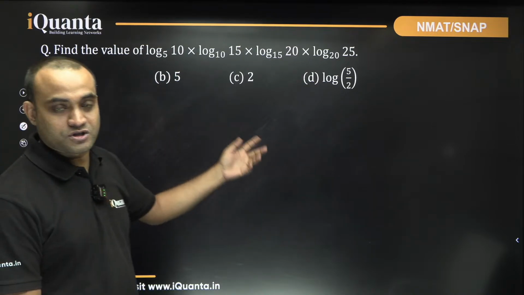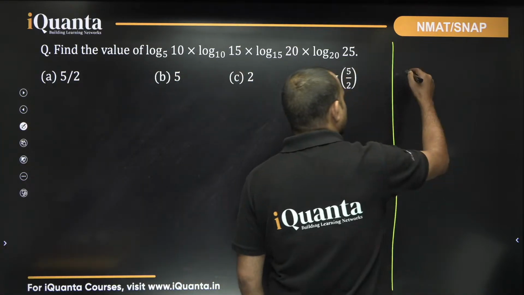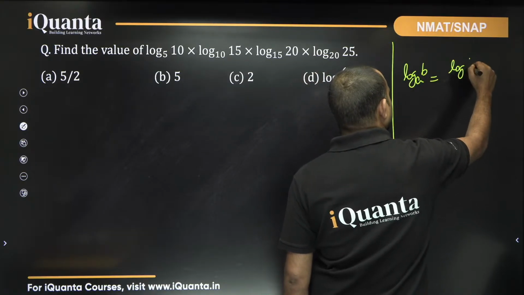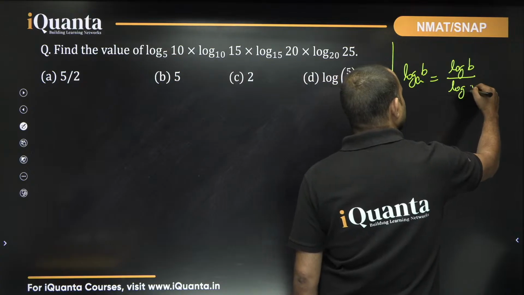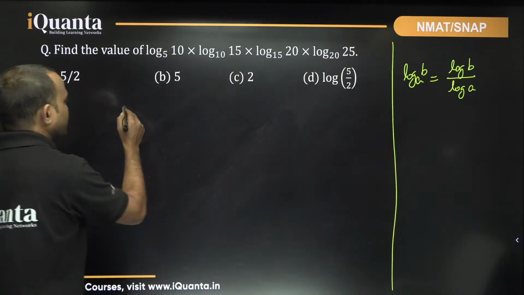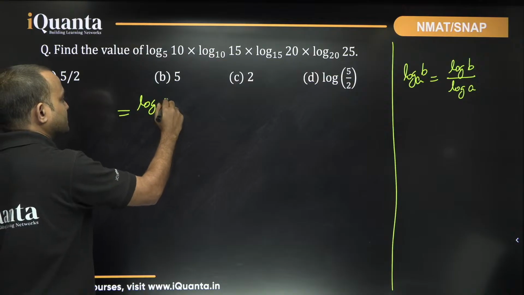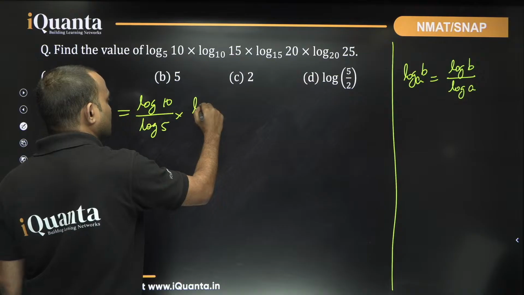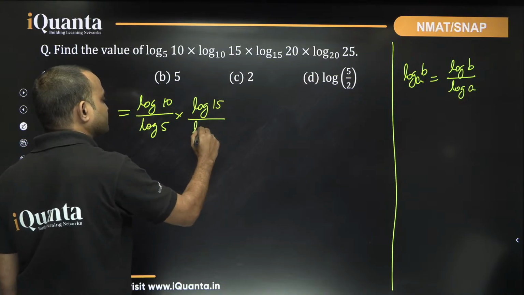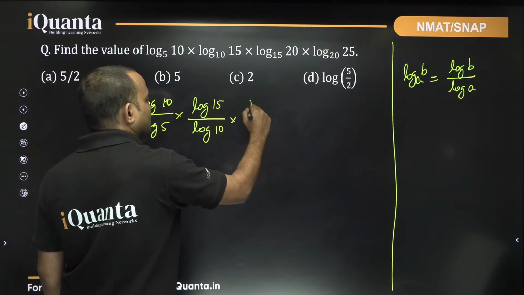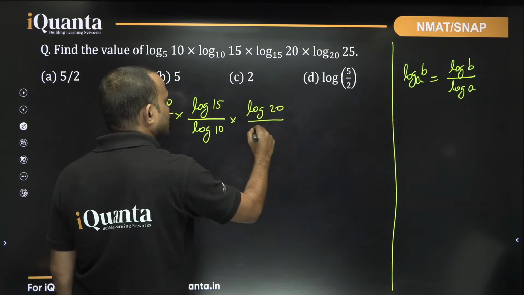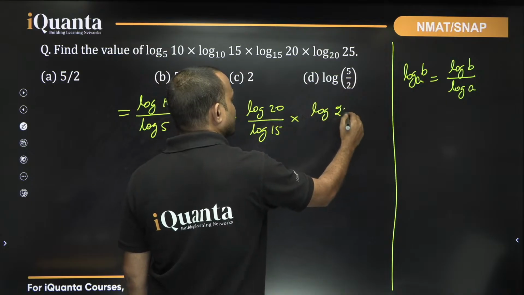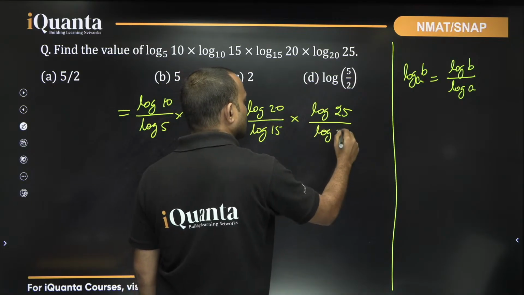This question could be solved very easily using the concept that log b base a is equal to log b upon log a and vice versa. This can be written as log 10 upon log 5 into log 15 upon log 10, into log 20 upon log 15, and into log 25 upon log 20.